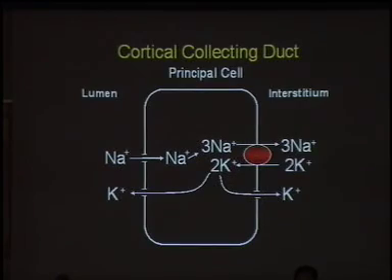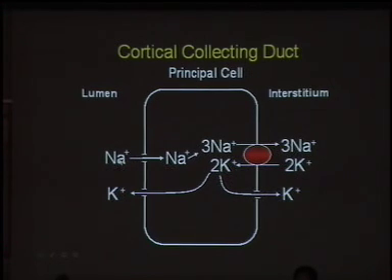Very important concept. Okay, again, cortical collecting duct, principal cells. This is the key regulation of serum potassium because potassium excretion occurs here. This is the luminal border, this is the interstitium, this is the principal cell.